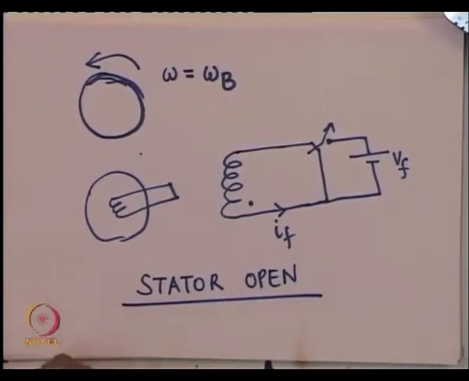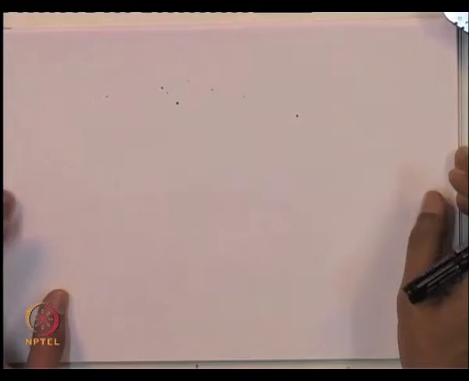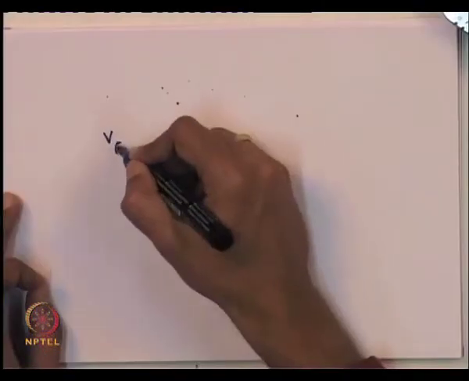We have in fact done this analysis before. We did the steady state analysis of this system before. We have seen this: if we apply a voltage to the field winding where the stator is open circuited, you will find the voltage which is induced on the stator winding, for example, VD.